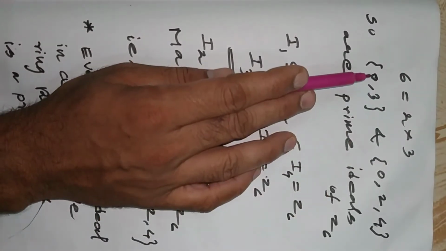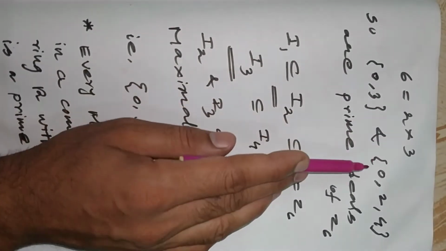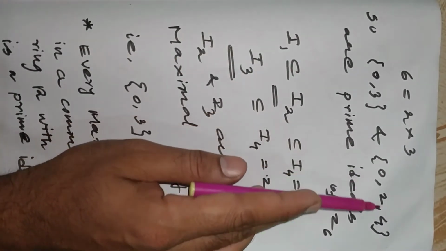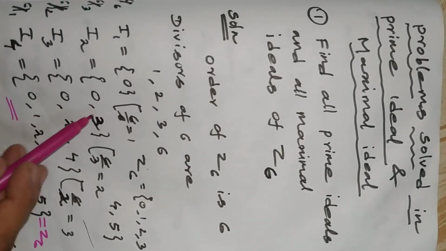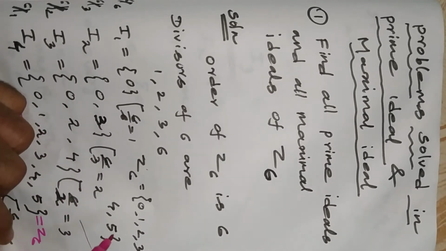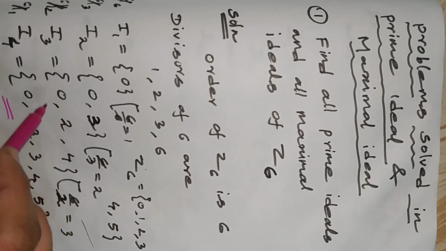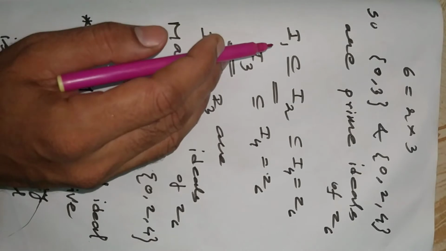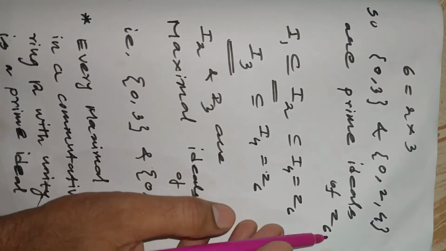So among the 4 ideals, one has 2 elements, 0, 3, and one has 3 elements, 0, 2, 4. The number of elements 2 is prime, the number of elements 3 is prime. So these are all the prime ideals of Z6.